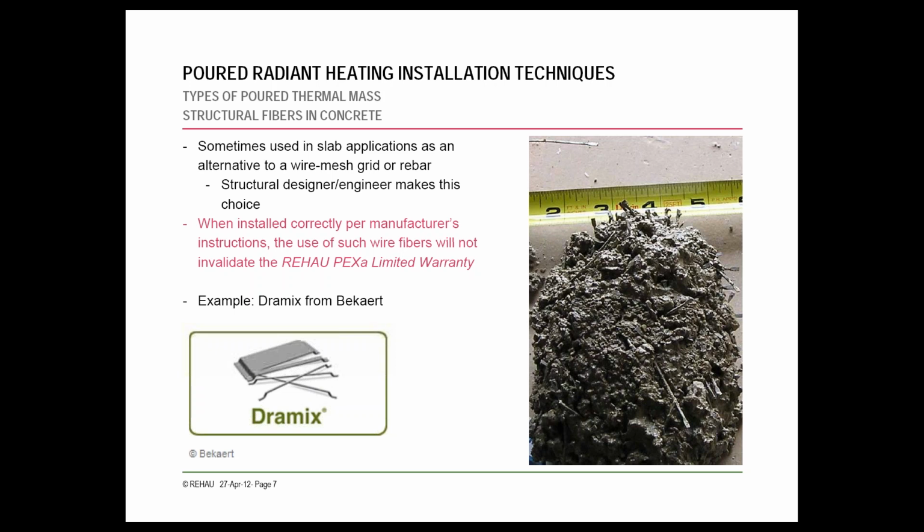Now, tubing takes up such a small cross-section of structural slabs. I've never had an engineer come back and tell us that it was going to hinder the performance of the slab. But especially in commercial large applications, that is something you definitely want to run by the engineer and make sure they're accounting for it.